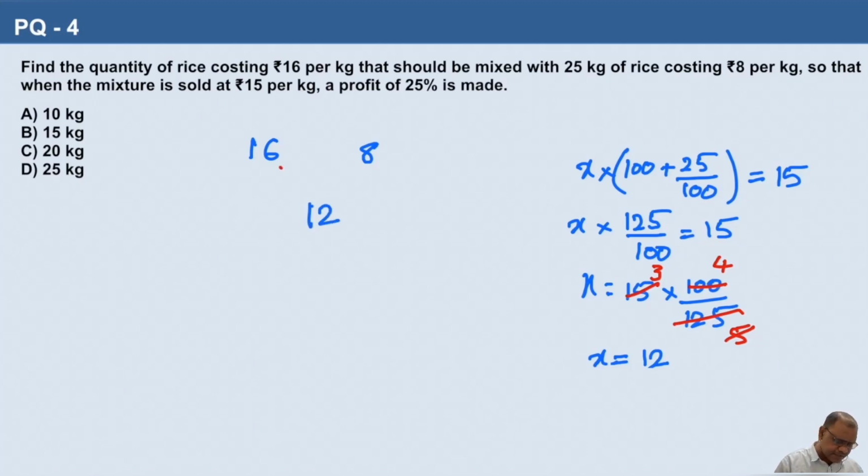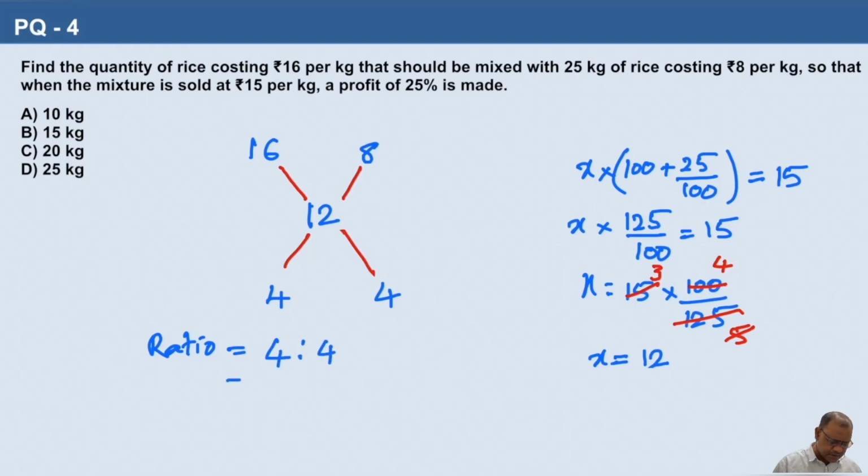So now find the difference of cheaper and costlier with the mean. 12 and 8, the difference is 4. 16 and 12, the difference is 4. So the ratio in which the rice has to be mixed is 4:4. So that means 1:1.